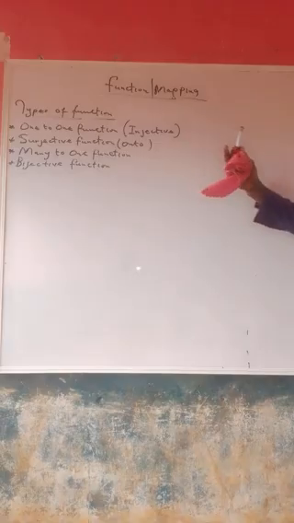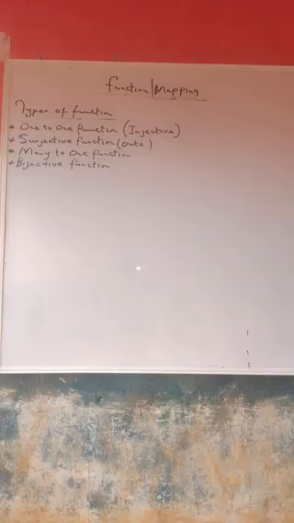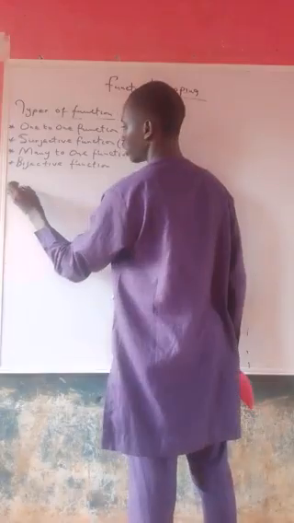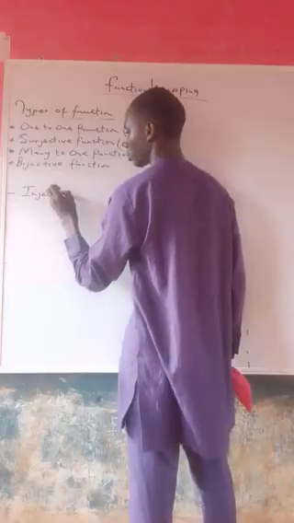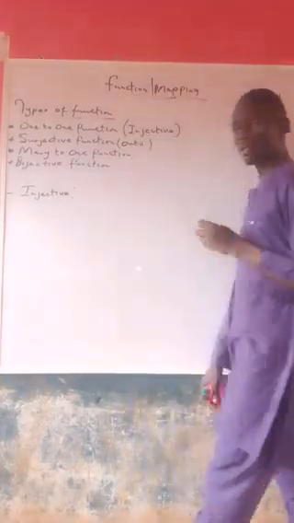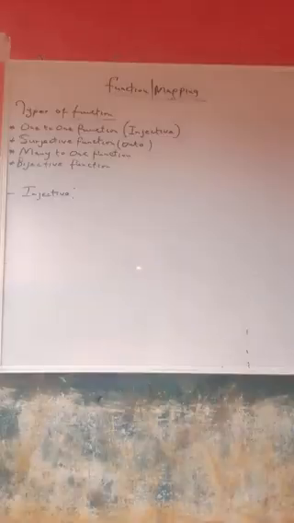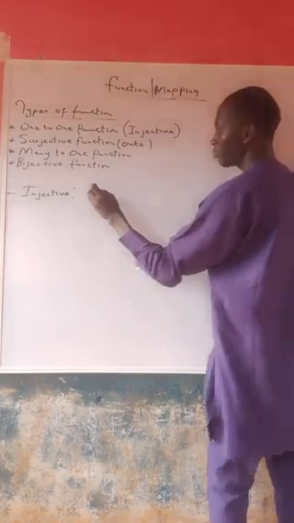So I will start from one-to-one function. I will break it down in detail so that we understand what we are trying to do. Let's move to injective function, which is the same thing as one-to-one. For a function to be injective, every element of the domain must have a distinct image in the codomain.